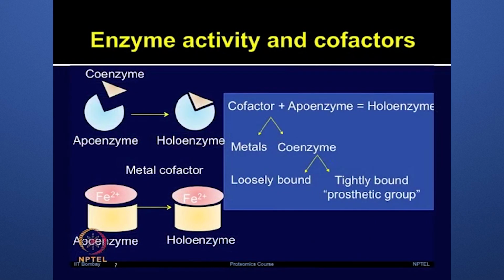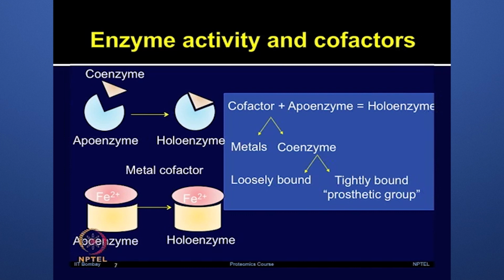So, let us talk about enzyme activity and how various cofactors govern these enzyme activity. Many enzymes' catalytic activity depends on the presence of small molecules which are known as cofactor. There could be two groups here as shown in the PPT, metals and small organic molecules.